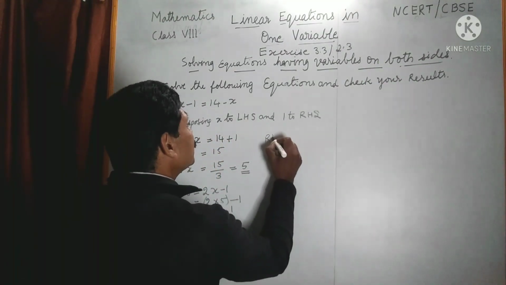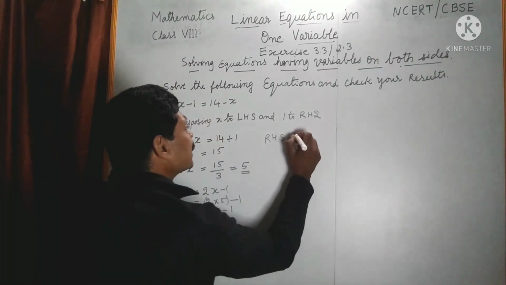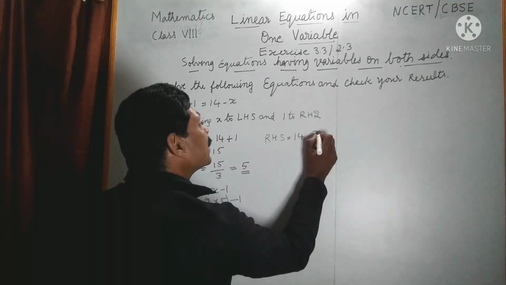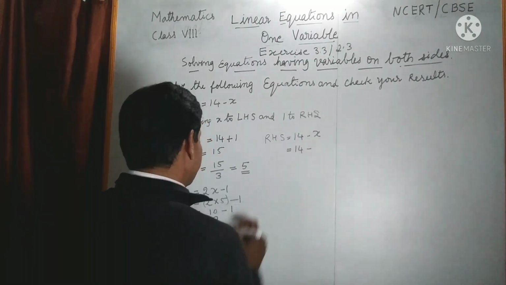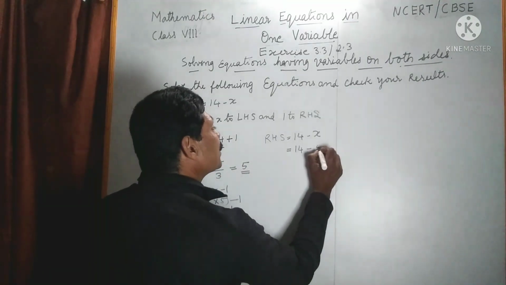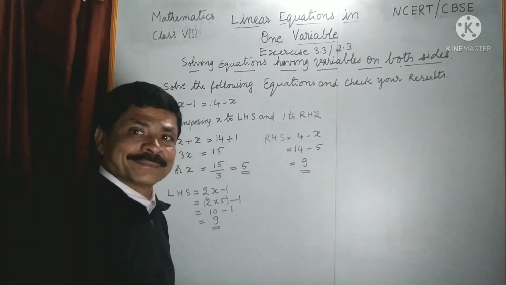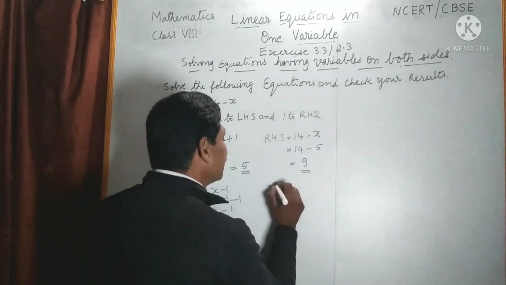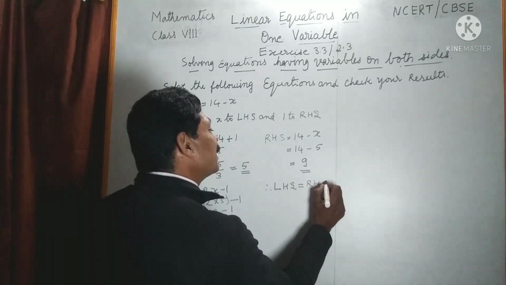RHS is equal to 14 minus x. This is equal to 14 minus x, which is 5, is equal to 9. Therefore, left hand side is equal to right hand side.